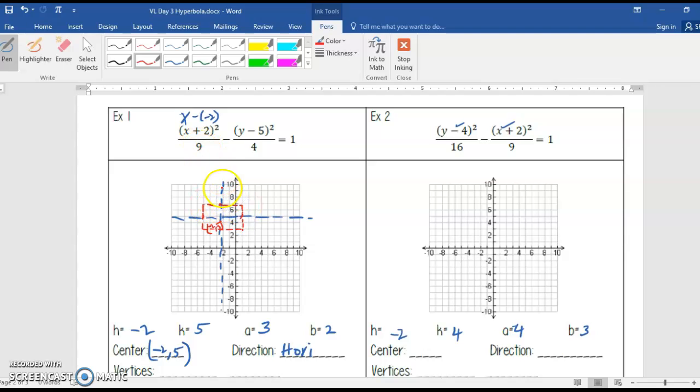Only the main curve would be solid. So this is a and this is b, and the vertices would be negative 2 and 1, and on the left side would be negative 2 and negative 5.